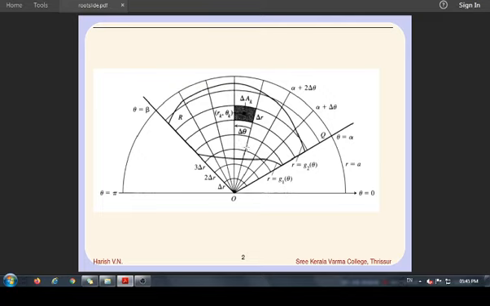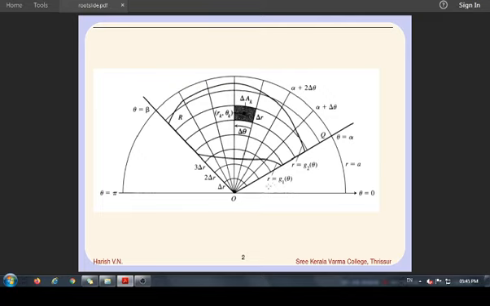So half r square theta is the sectorial area. Now I want to compute the area of this kth rectangle AK. Remember, this Rk, theta k is the midpoint of AK.